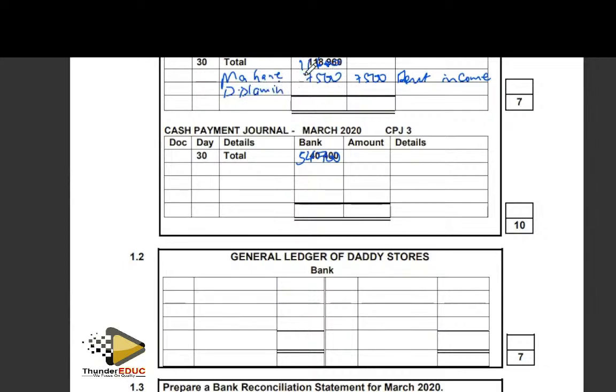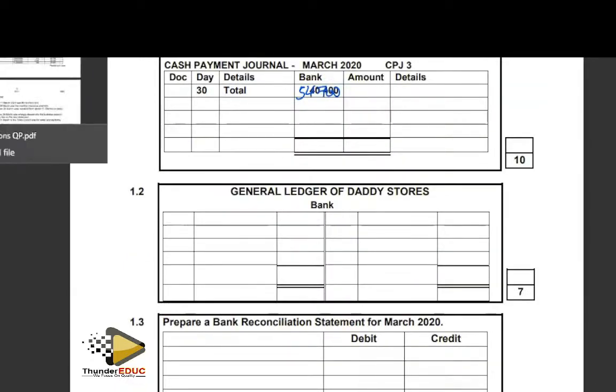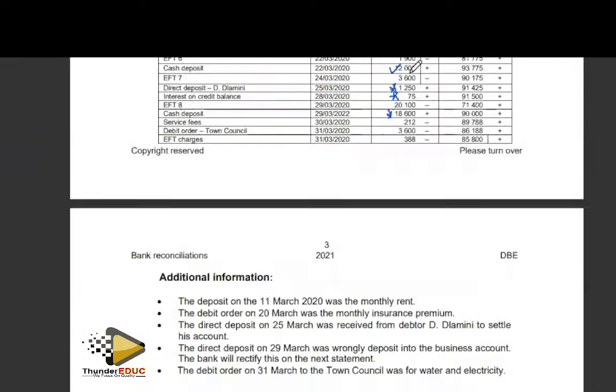He gave us, how much was it? He gave us 1,250, and they are saying that this amount was from his debtor, so he was settling his debt.